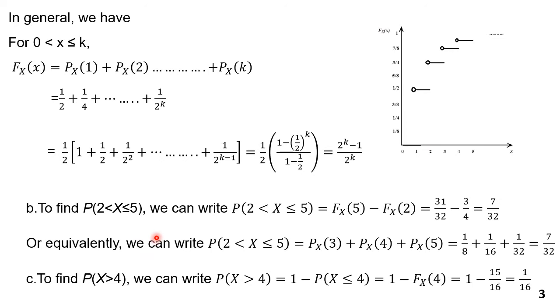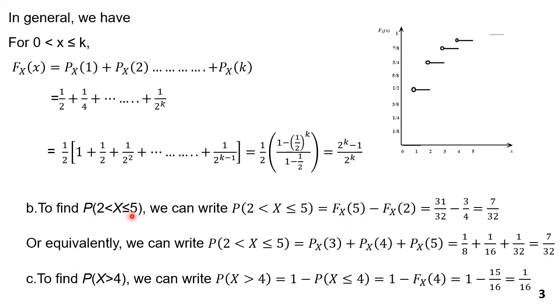Part B, we need to calculate the probability for x values between 2 and 5. Two ways we can solve this, either using the CDF function or using the PMF function. Let us make use of the CDF function.